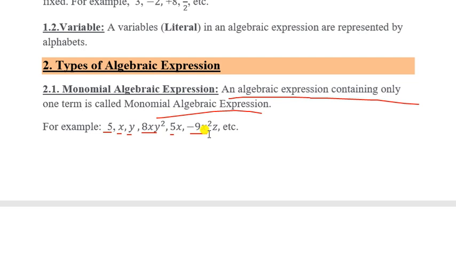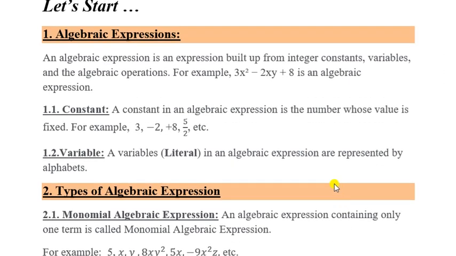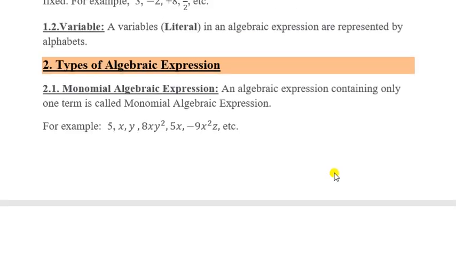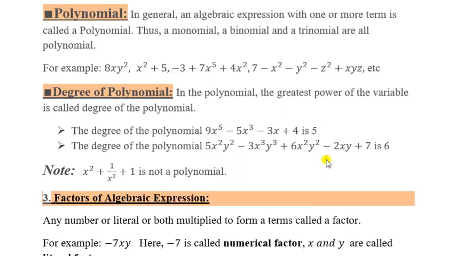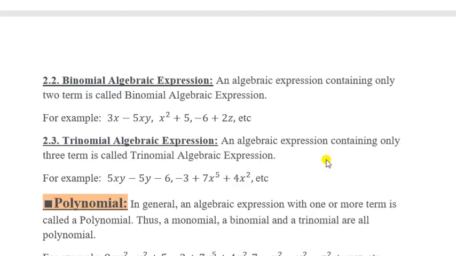You have to identify. So after monomial it will come binomial. See here, binomial algebraic expression. That means when an algebraic expression contains only how many terms? Two terms.